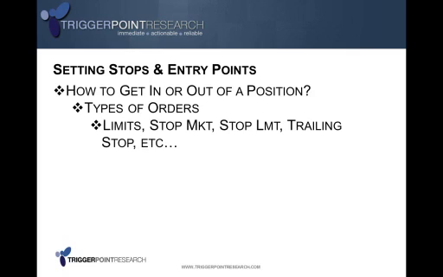And if you're not using some of these properly, you could be in a lot of trouble, because if you set up stops to get out of a position and you set it up, let's say, as a stop market, well, what happens there is the potential for a significant downside, because all of a sudden when you get stopped out, it just stops out a lot lower than you anticipated.